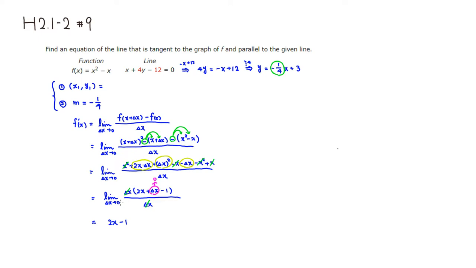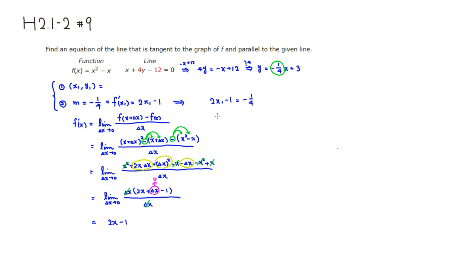To find the slope, we can use the derivative and then plug in the x1 value. So plugging in x1, you have 2x1 minus 1. We have this equation that we can solve: 2x1 minus 1 is equal to negative 1/4.